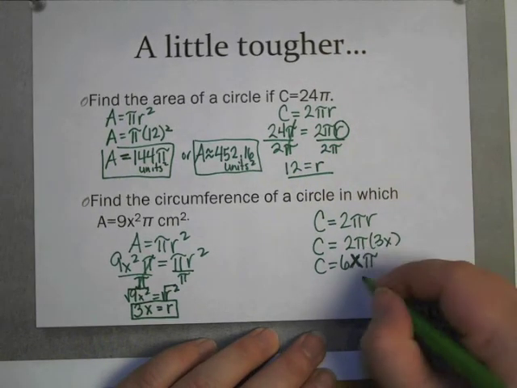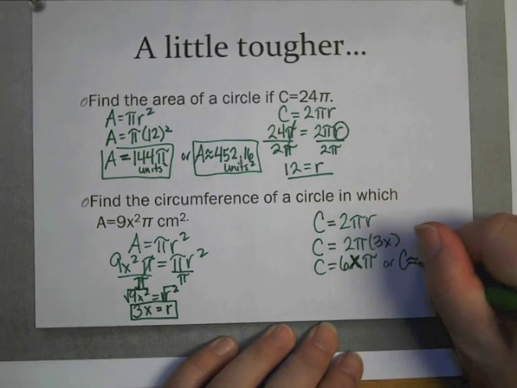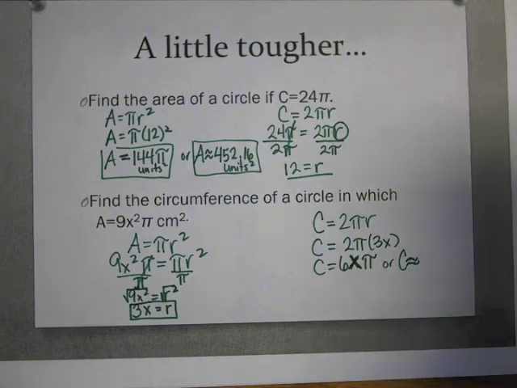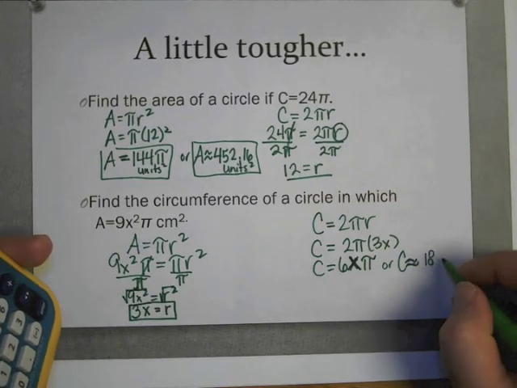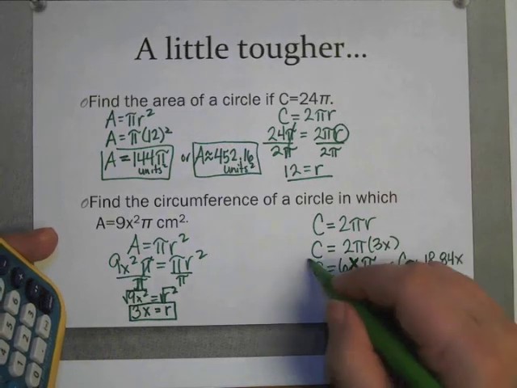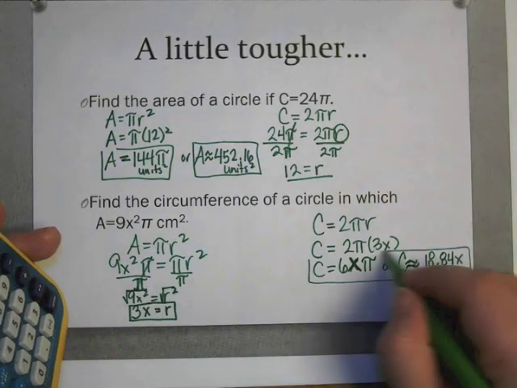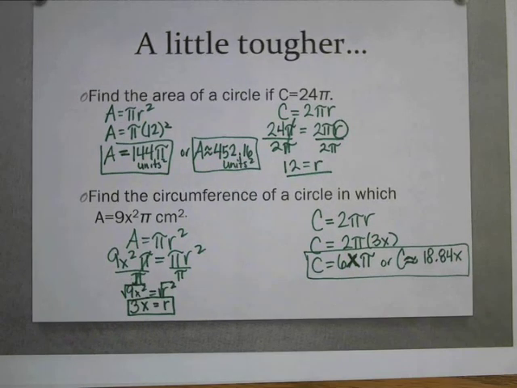So I would accept that as our exact answer, or if you want to work it out to get an approximate answer, I keep forgetting to put approximate there, you would take 6 times 3.14, which is 18.84, and then we'd leave that x there. We can't do anything with that. So either one of those works. Our units are not squared, so it'd just be units, not squared, because it's circumference.